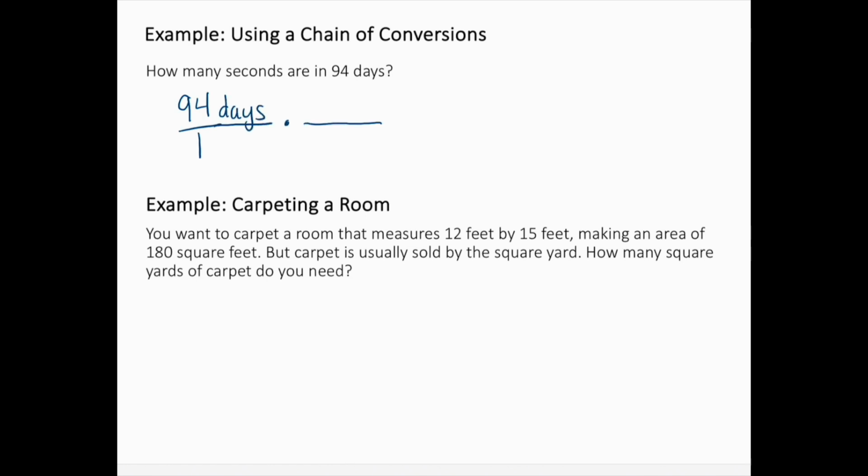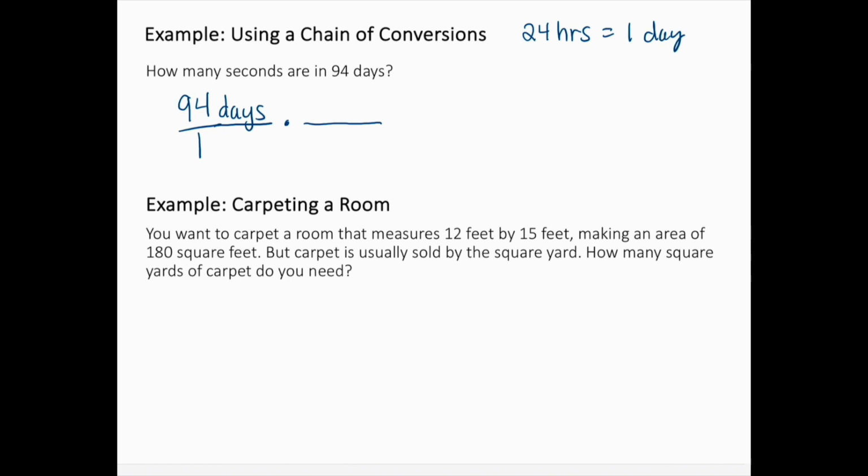Now, I don't know directly how to go from days to seconds, but I do know that there are 24 hours in a day. So that's one conversion factor. 24 hours is equal to 1 day. Now we just have to figure out which one of those values is going to go on the top or the bottom.